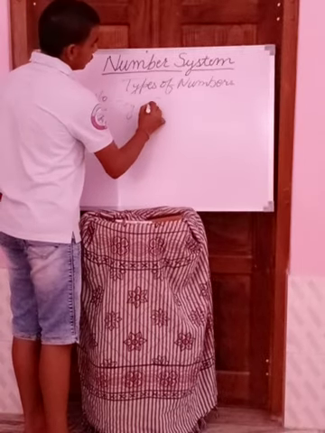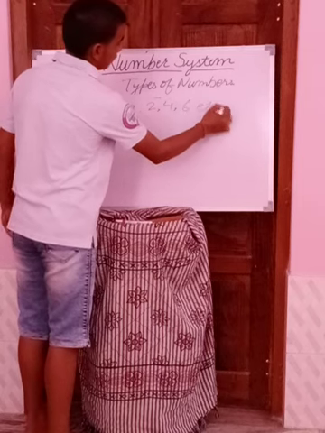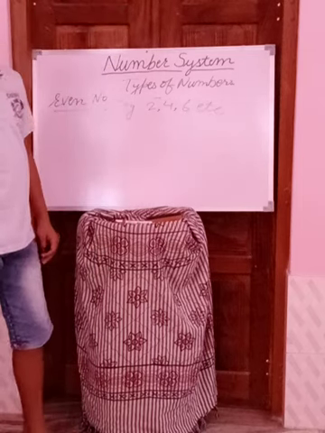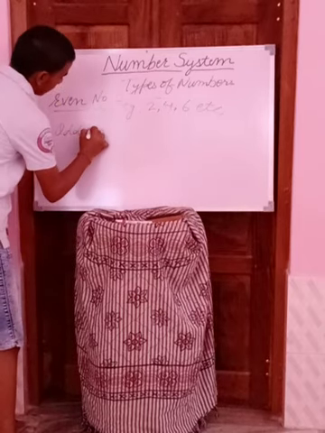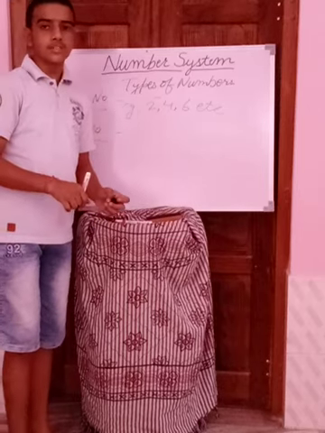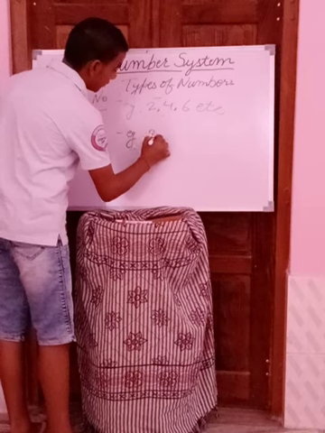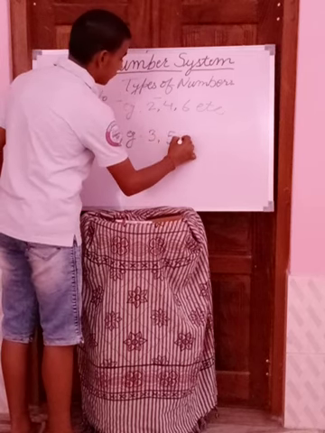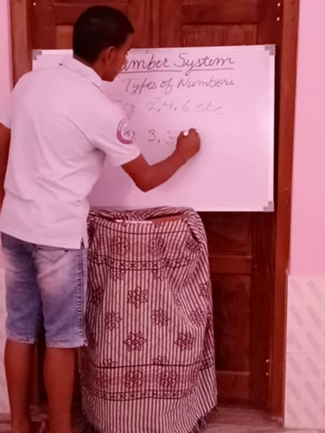Example like 2, 4, 6, etc. Now let's discuss odd numbers. Odd numbers are those numbers which are not exactly divisible by 2, like 3, 5, 7, etc.